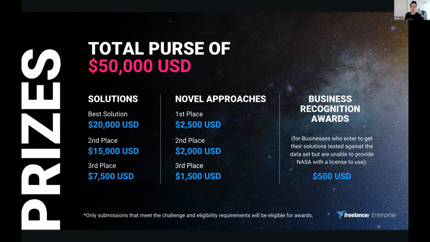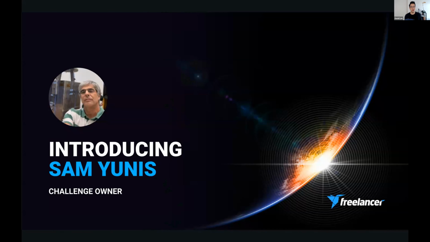We also have an additional purse of $6,000 for novel approaches, which includes 2,500 US dollars for first place, 2,000 US dollars for second place, and 1,500 US dollars for third place. And lastly, we have up to three $500 prizes for business recognition awards for businesses who enter and get their solutions tested against the dataset but are unable to provide NASA with a license to use. Of course, as always, please note that only submissions that meet the challenge and eligibility requirements will be eligible for these awards.